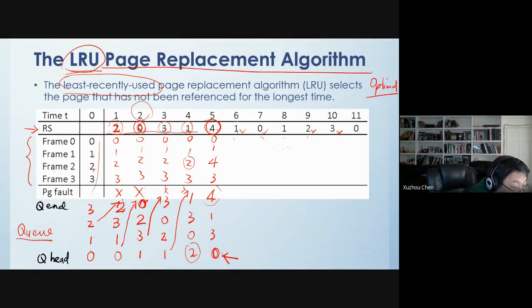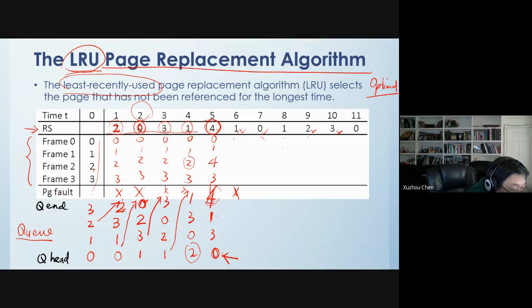Okay. Now the next page is 1, which is in the memory. So we don't have a page fault, right? Okay, we don't have a page fault. However, we're going to update the queue because 1 is referenced.